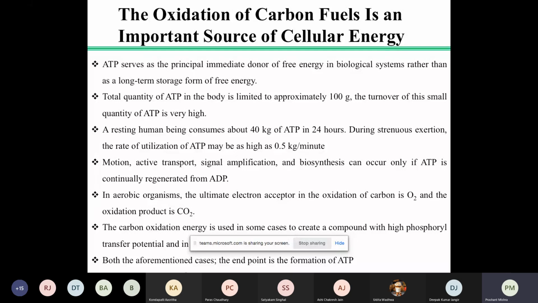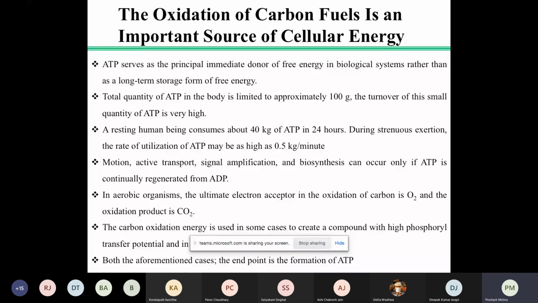You have learned that you have anabolism, where synthesis occurs, and catabolism, where energy is produced. Larger molecules are broken down to smaller molecules, and smaller molecules are further broken down to simpler compounds, and then you get energy.